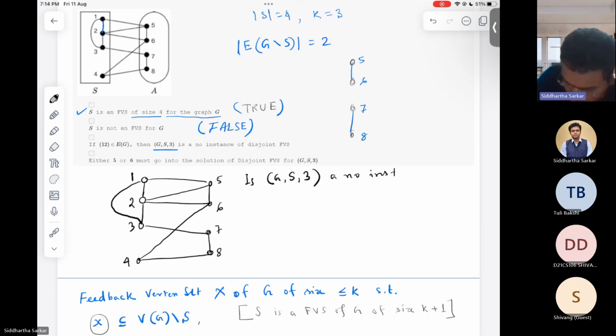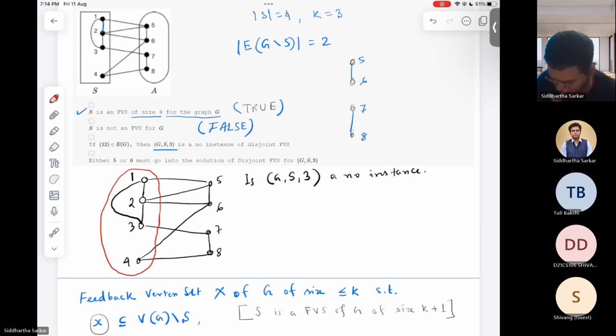The first thing is we have identified, or rather we are given, that S is this set of 4 vertices.